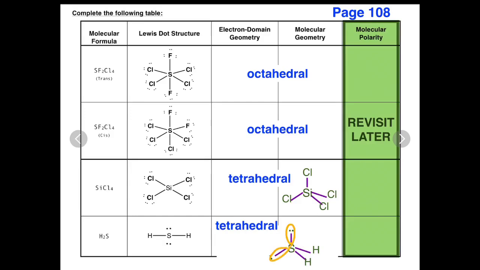When you introduce lone pairs, the molecular geometry and electron domain geometry are not the same. For molecular geometry, you need to ignore the lone pairs and look only at the central atom and the bonds. If you look at this one, it looks bent. So this structure would be bent when you ignore the lone pairs.